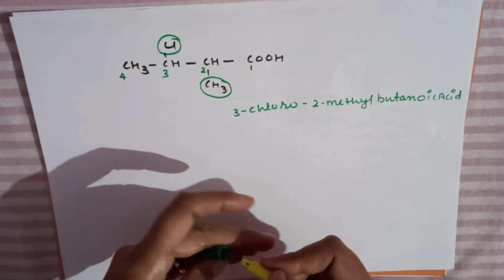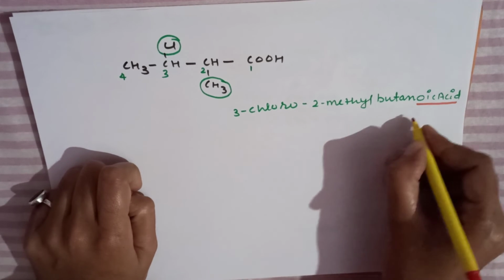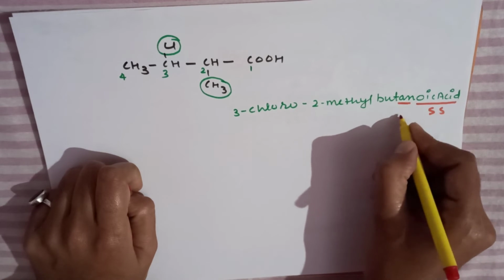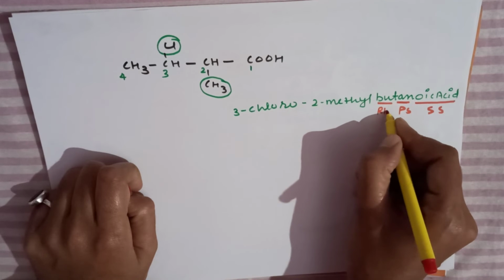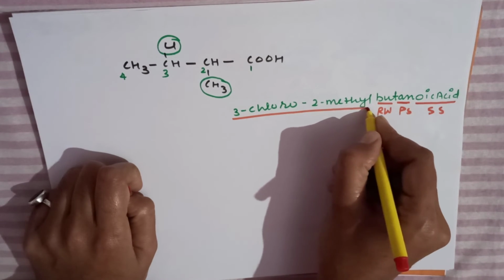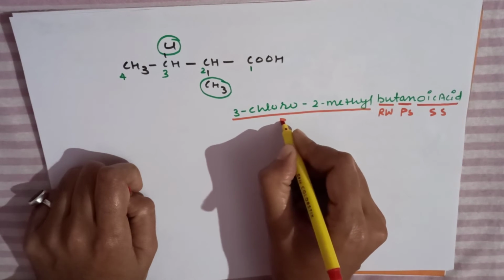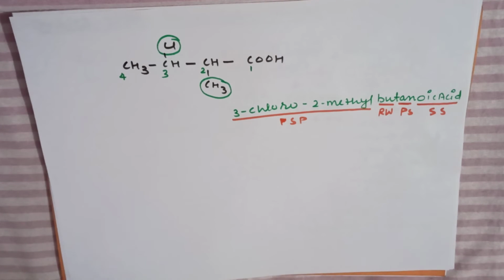So in this structure, oic acid is the secondary suffix, an is the primary suffix, but is the root word, and 3-chloro-2-methyl is the secondary prefix. In this structure, the primary prefix is not present.